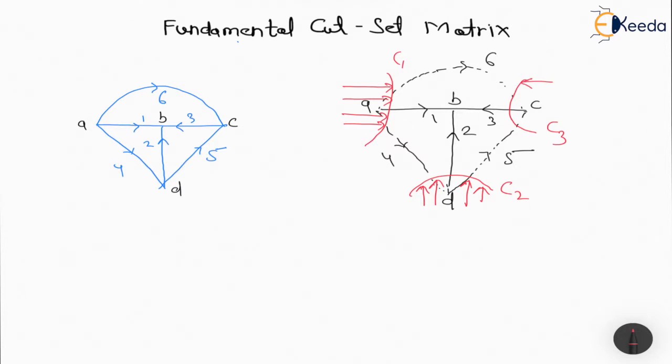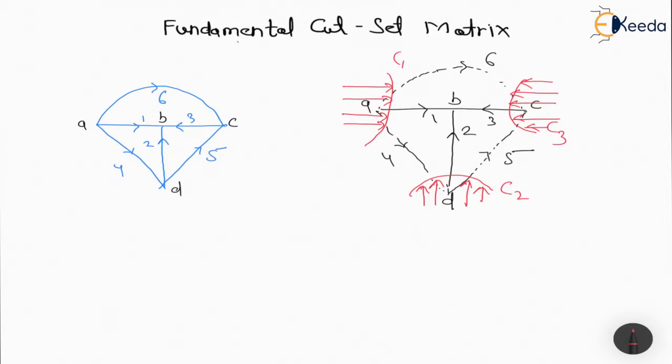For 3, it is written like this. And now we will see that only one twig is present in each cut set. There can be many links available in any cut set, but the twig should be present only once here. So all the cut sets have only one twig.